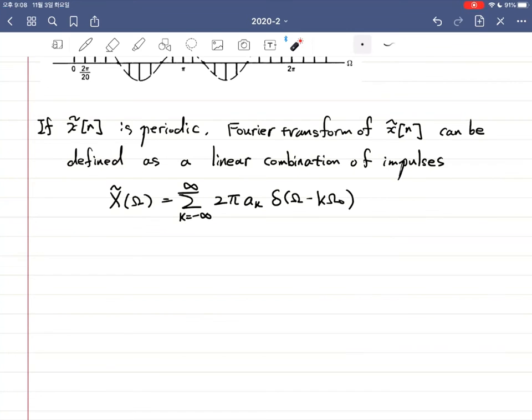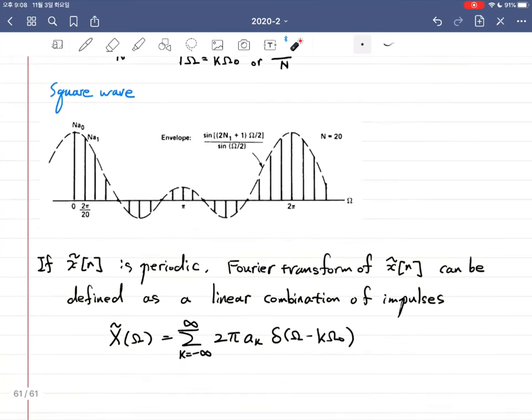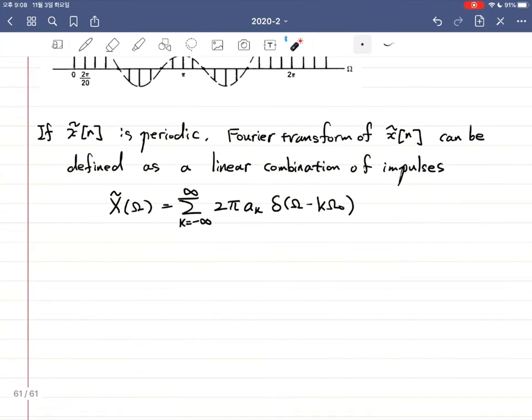And with a square wave, I can have this example.